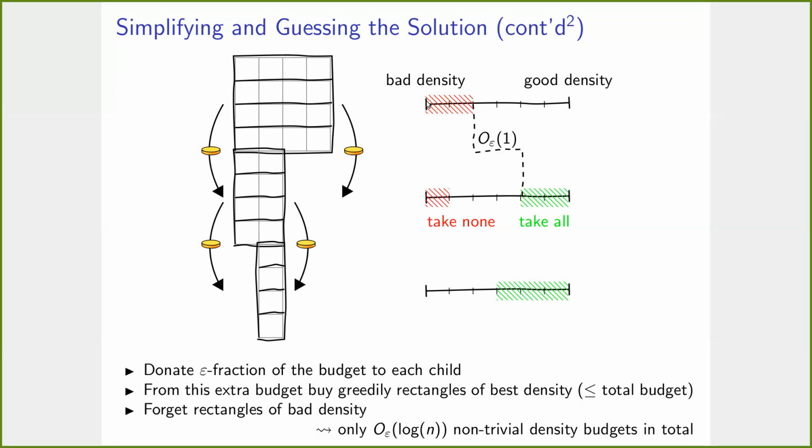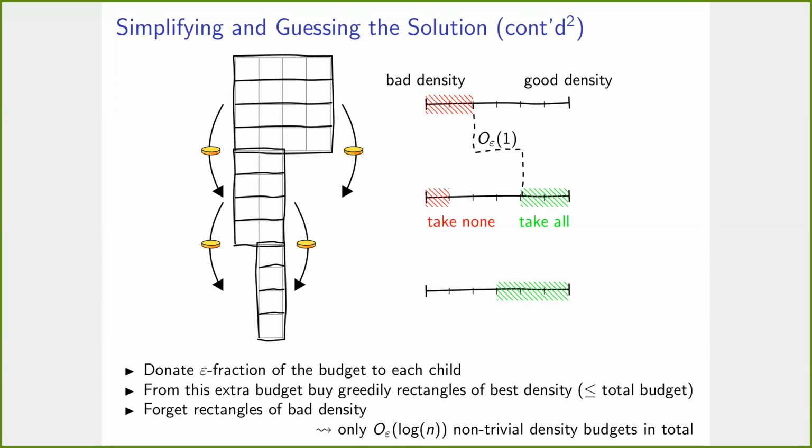And what you get then is this structure where, recall that previously we had to guess the budget for each of these densities and each of the blocks. But now, the budget in the red region and in the green region, we don't actually need to know it, because the algorithm or the solution is trivial on these budgets.